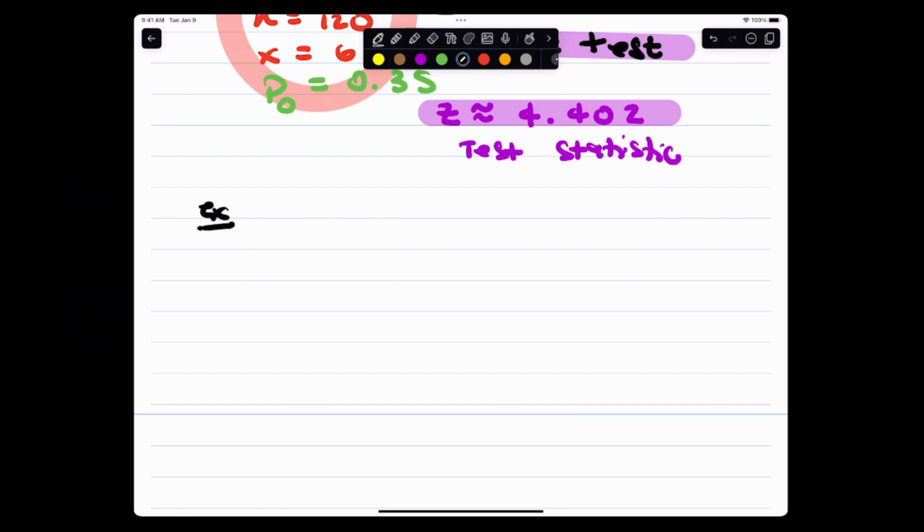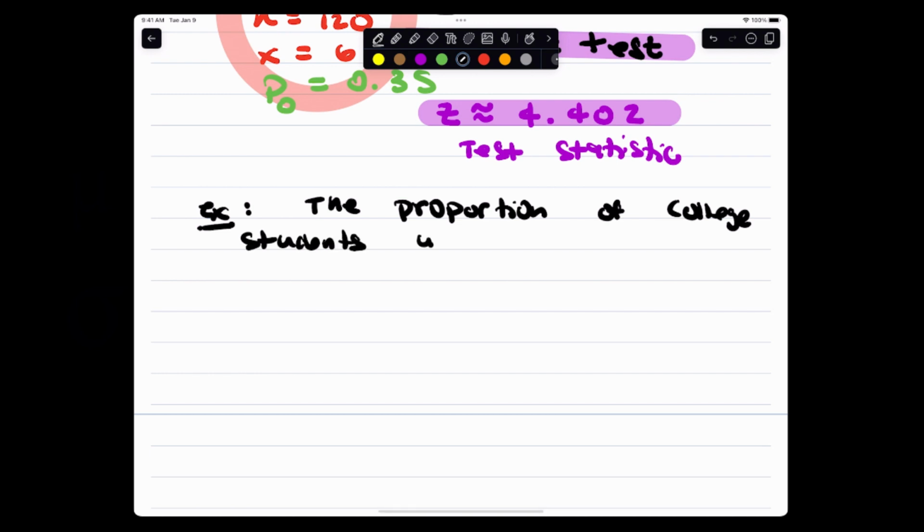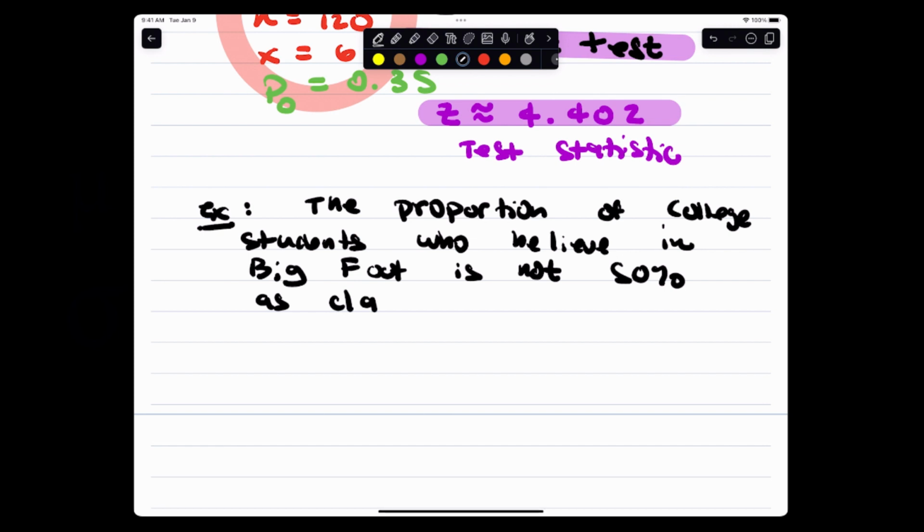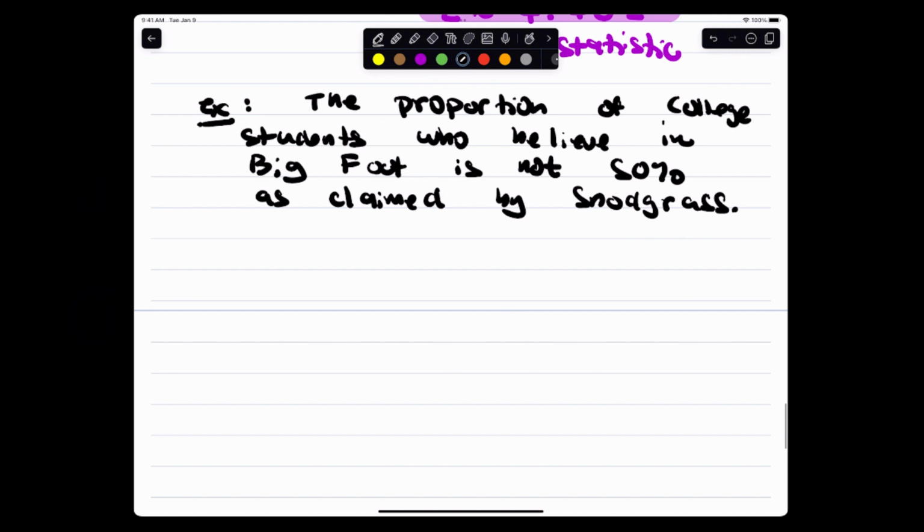The proportion of college students who believe in Bigfoot is not 50% as claimed by Snodgrass.